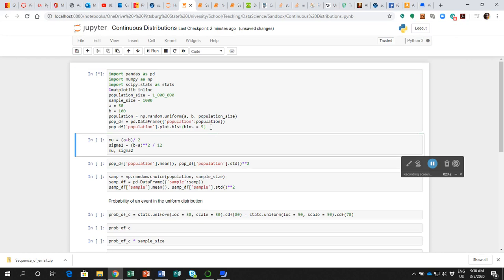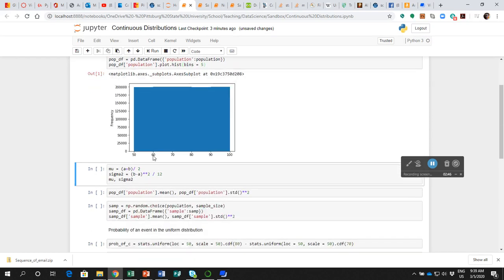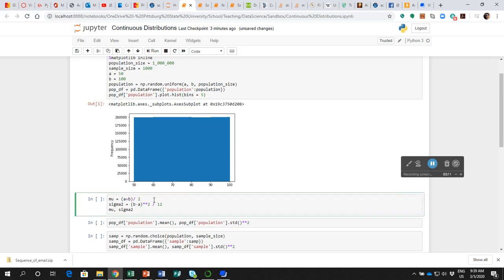So I shift and enter, and there's my histogram, and you can see, yes, it goes from 50 to 100. There's all my data, and there's a little wavy along the top because it is randomly generated data. But we have a population size of 1,000,000, so when you have a big population, it tends to fill in your distribution rather fully.